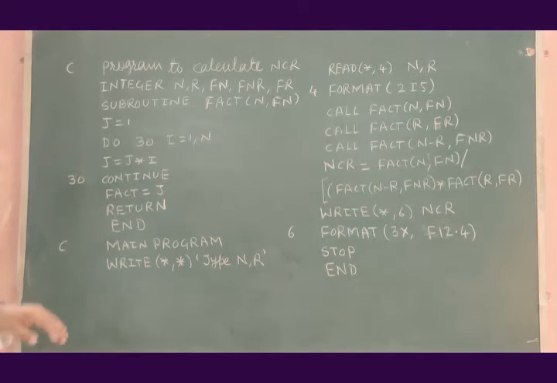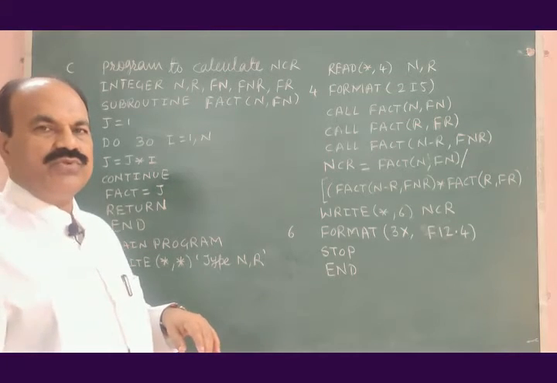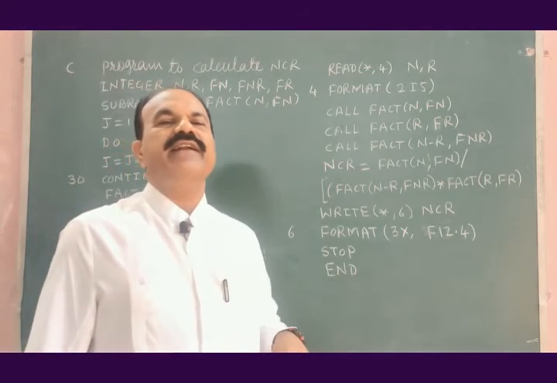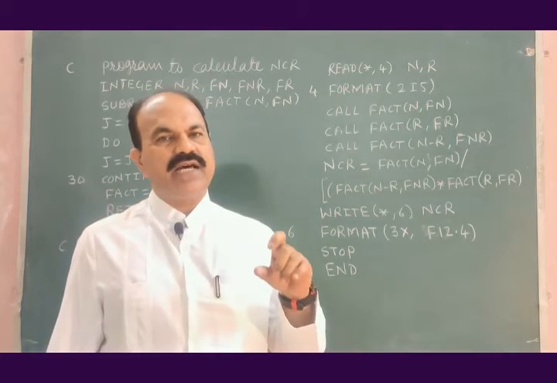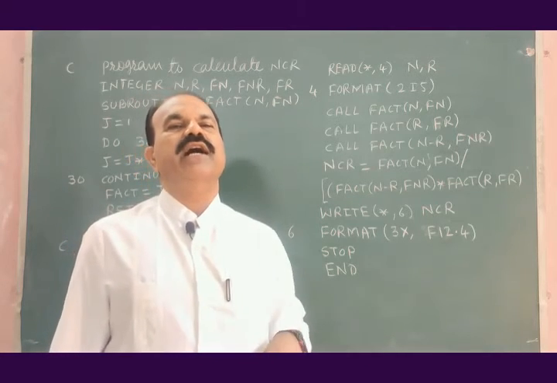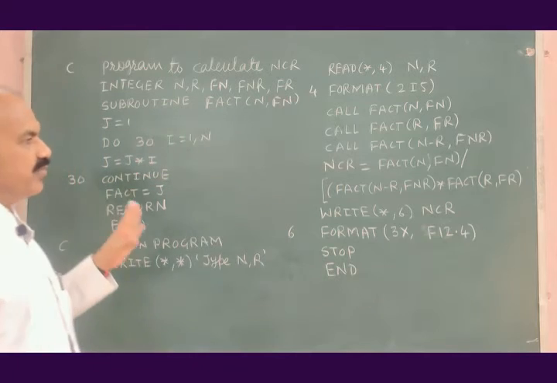So this is a program to find NCR, where you know NCR is equal to n factorial divided by n minus r factorial into r factorial. See how the program is written.